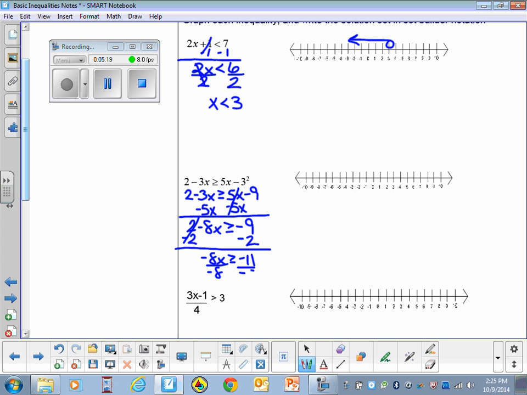Divide by negative 8. X, I have to flip the sign, is less than or equal to 11/8. Yuck. 11/8, that's almost but not quite 2. So I'm going to put my closed dot here between the 1 and the 2, and my arrowhead's coming down.